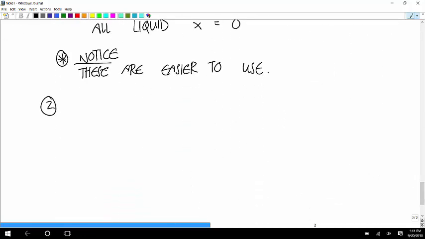So the second type of table is called a compressed liquid table.